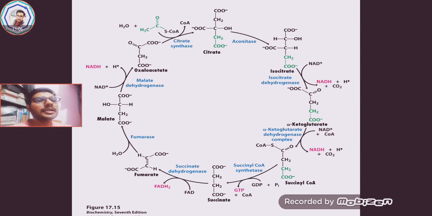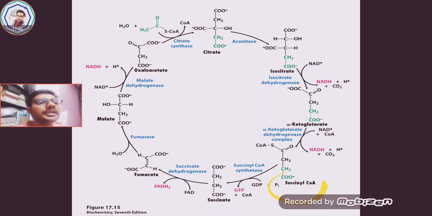After this, we can see here citrate, with the help of aconitase, gets converted into isocitrate. Isocitrate, with the help of isocitrate dehydrogenase, gets converted into alpha ketoglutarate. These are the enzymes responsible for the change in configuration or the conversion of compounds. Then alpha ketoglutarate will be converted into succinyl coenzyme A with the help of the alpha ketoglutarate dehydrogenase complex.